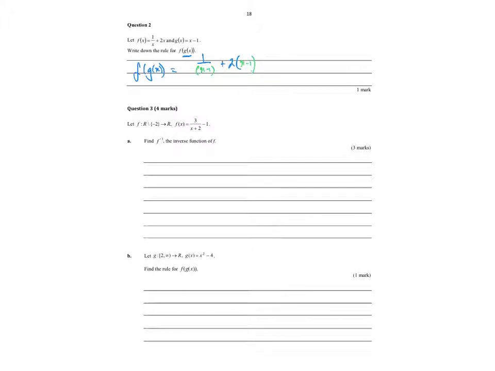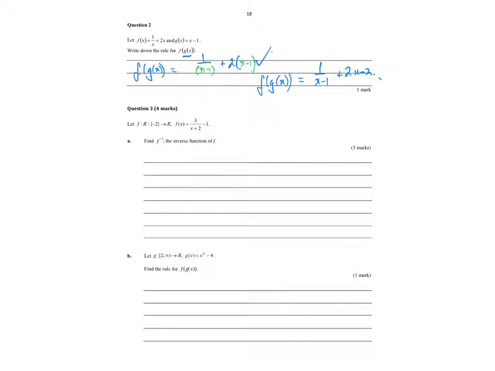So now we can just write that as f of g of x equals just 1 over x minus 1 plus 2x minus 2. For 1 mark, we'd probably get away with that. So don't try and do anything clever with simplifying or grouping or anything like that.